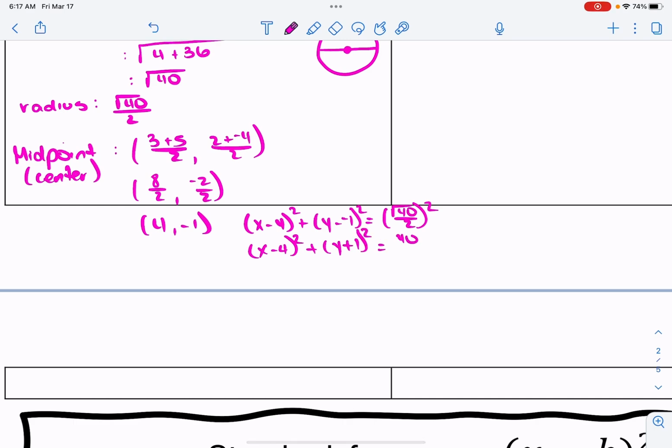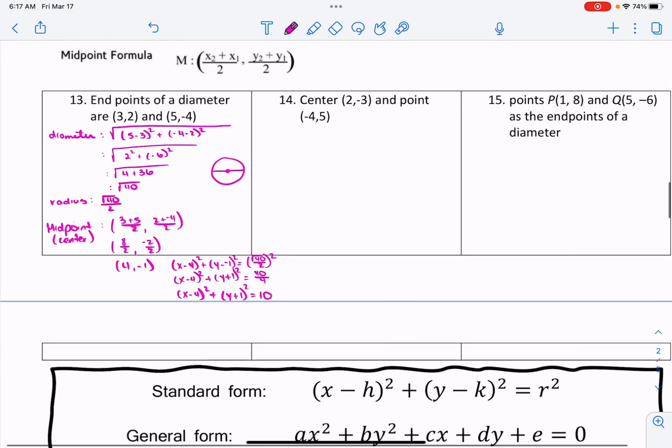Now this is going to give us 40 over 4. So I'm going to go ahead and simplify a little bit more here. 40 divided by 4 is 10. So that would be the equation of the circle that has endpoints of the diameter at 3, 2, and 5, negative 4.